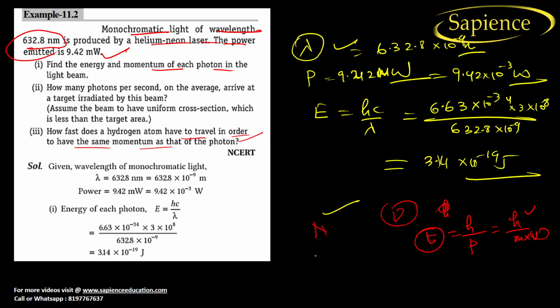So you need to put the value of the mass. So which mass you need to put here? See how fast the hydrogen atom has to travel in order to have the same momentum. So you need to put the mass of the hydrogen atom, then from there you will be able to find the velocity.